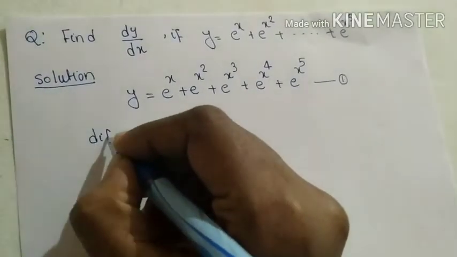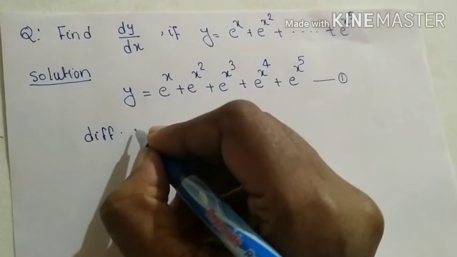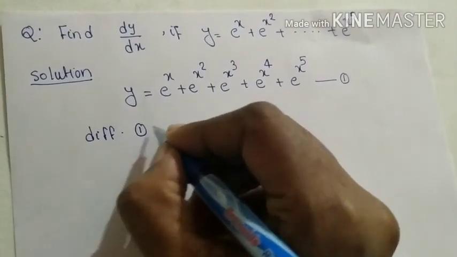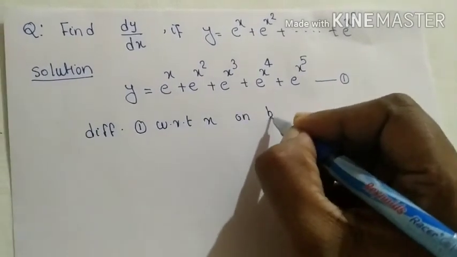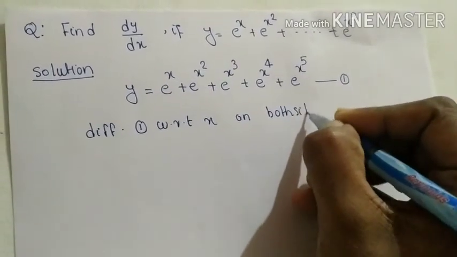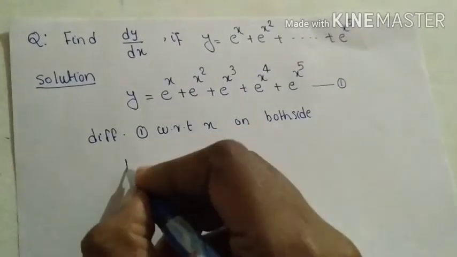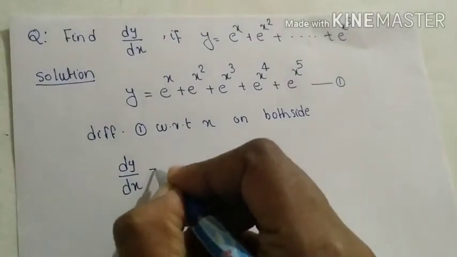Now differentiate equation number 1 with respect to x on both sides. Derivative of y means dy by dx.